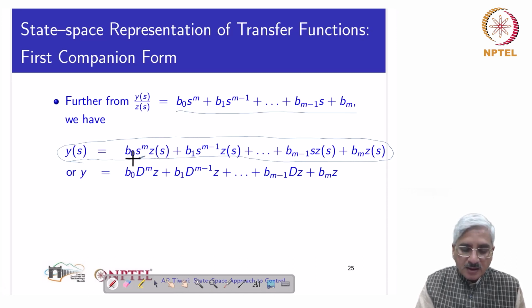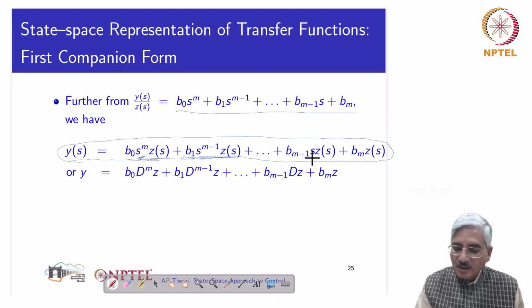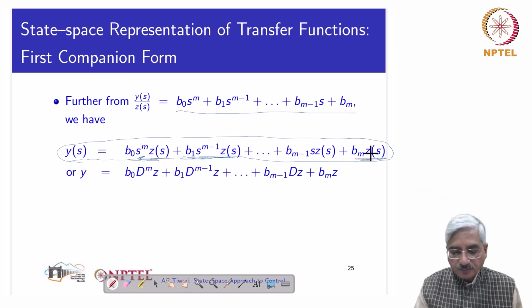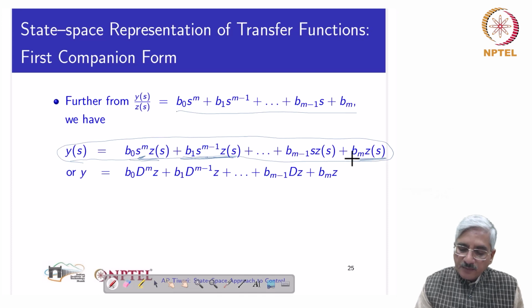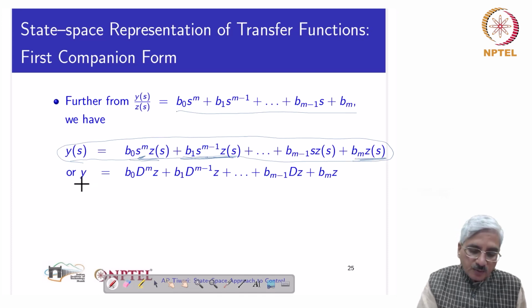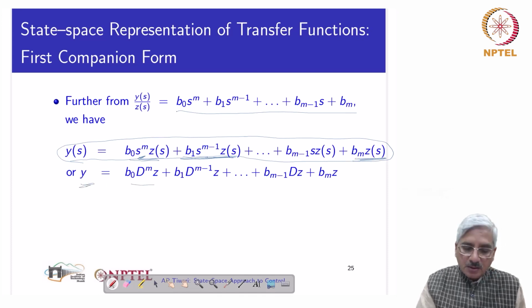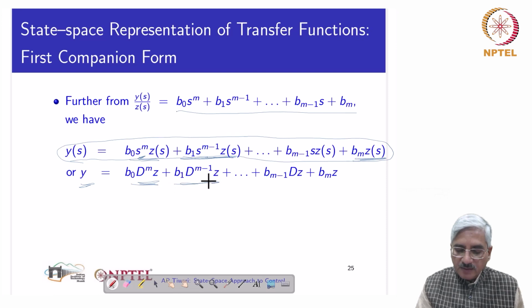So we have Y(s) as b0 s power m Z(s) plus b1 s power m minus 1 Z(s) and so on up to bm Z(s). And if we take the inverse Laplace transform, then y(t) will be b0 times the mth derivative of z, plus b1 times the m minus 1th derivative of z, and so on up to bm z.